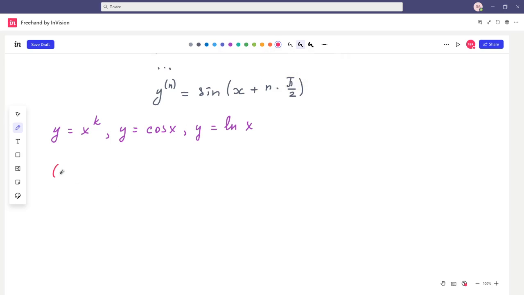The nth derivative of u plus v is the nth derivative of u plus the nth derivative of v, and if we calculate the nth derivative of c times u, where c is constant, we have c times the nth derivative of u.